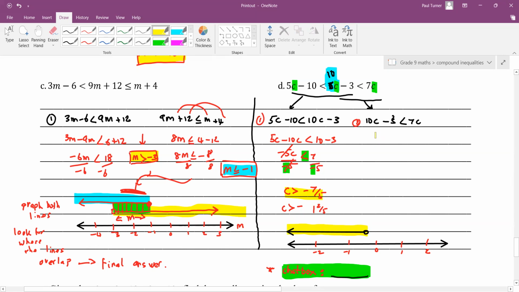And now we need to do equation 2. So we're going to have 10C minus 7C must be less than, bring the negative 3 over to be 3. So 10C minus 7C is 3C, less than 3. Divide by 3 now, so we can cancel this 3. So C must be less than 1 for that one.